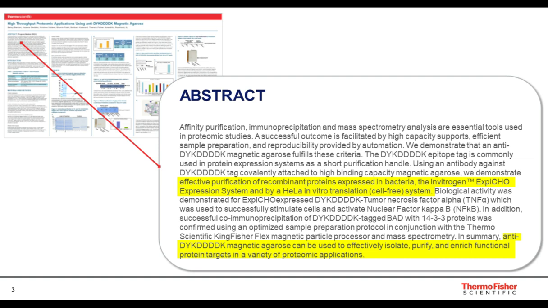Throughout the course of this presentation, I will demonstrate effective automated purification of flag tag proteins from multiple complex biological systems, focusing on three key features that are most important to researchers: high yield, high purity, and biological activity.